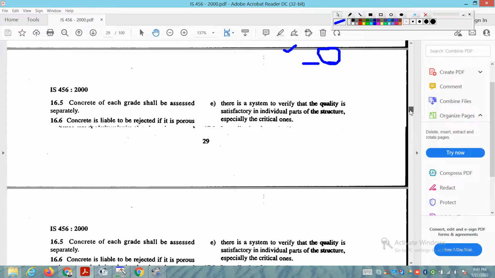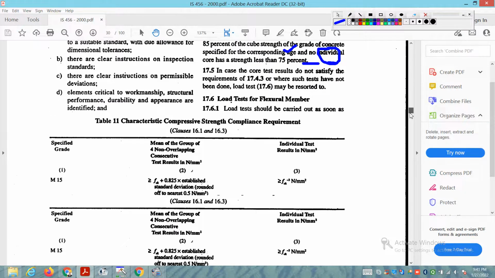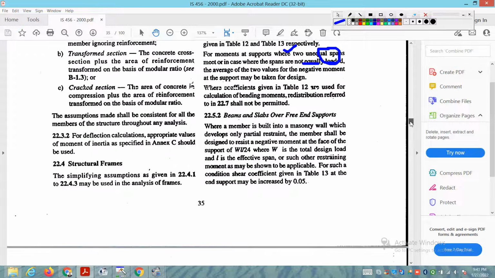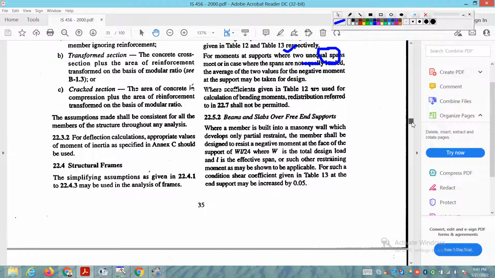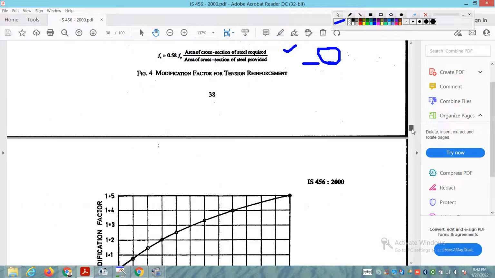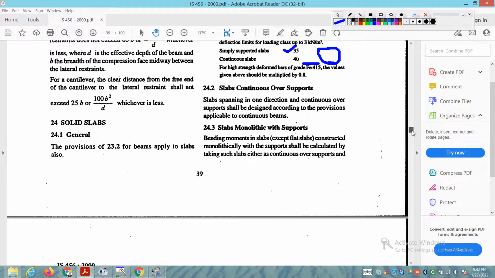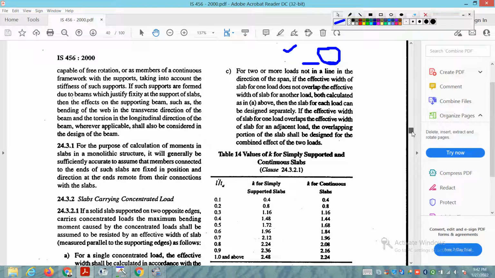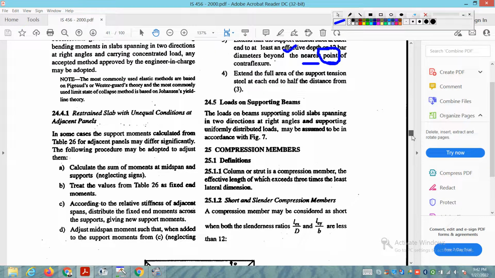While designing these structures, you will have to refer to these clauses. We call it clause 22.5.2. This is clause 22.4. So as per the clauses given in the Indian Standard Code of Practices, we have to follow and design the structures.